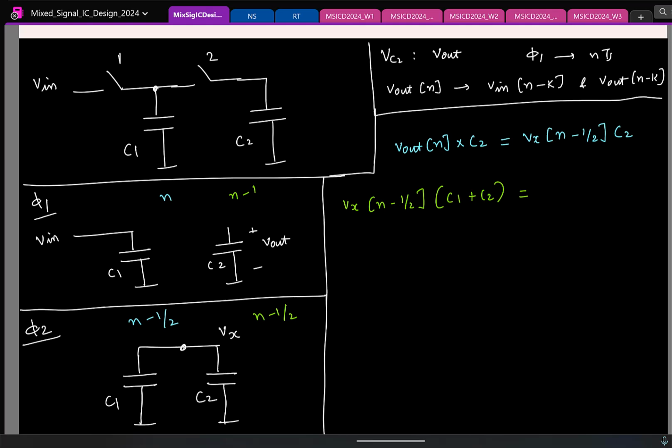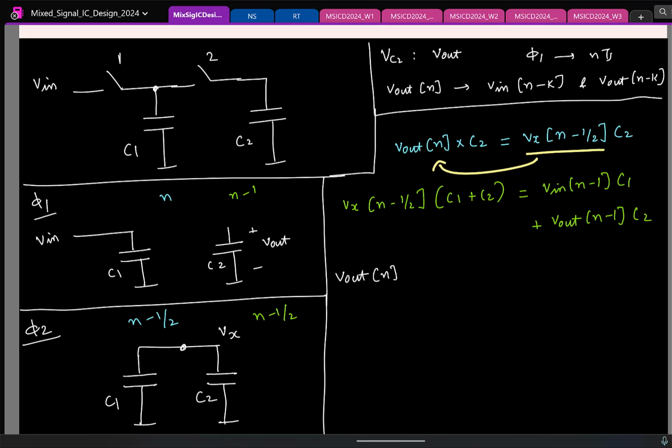Great. So tell me, what is the charge in the previous clock phase? I should look at the charge on these two plates. So what is the charge on this plate here? V in of n minus 1 times C1 plus V out of n minus 1 times C2. So that's it now. You know this is the same as V out of n. So we already found it.